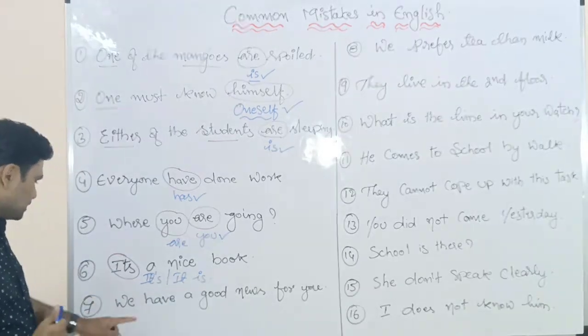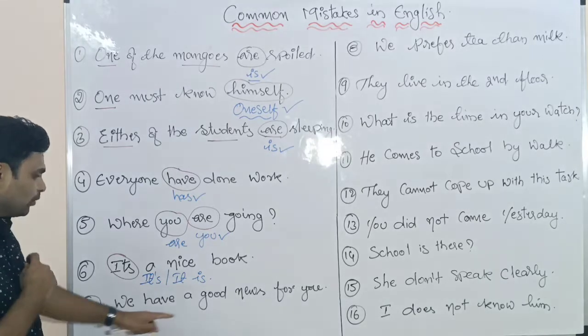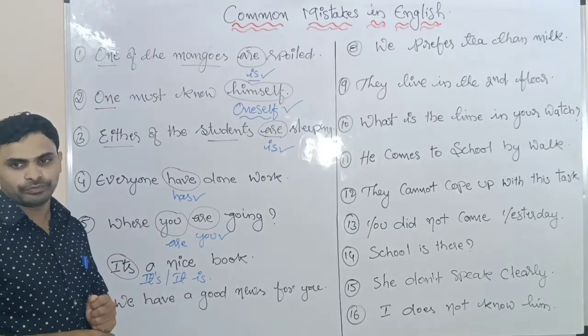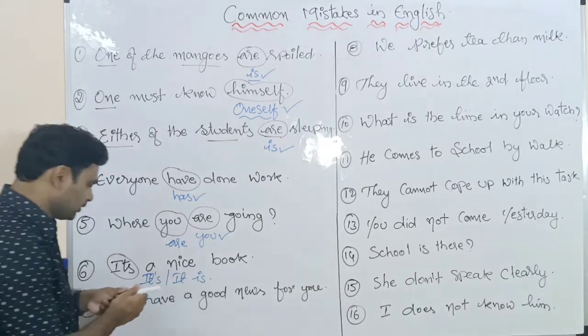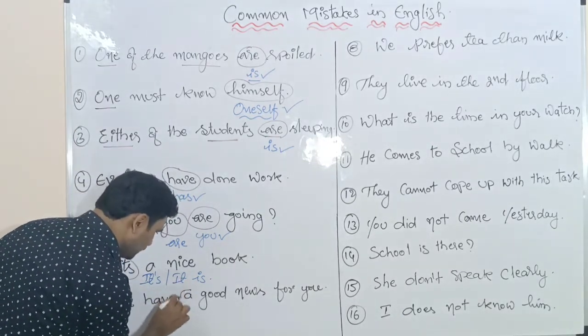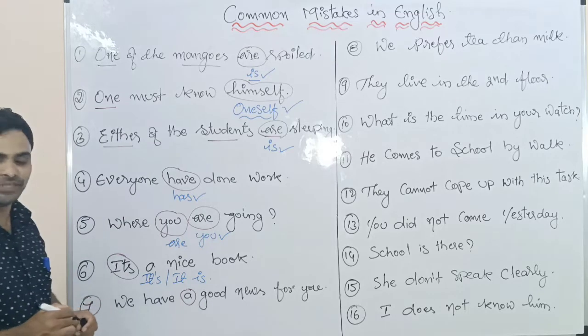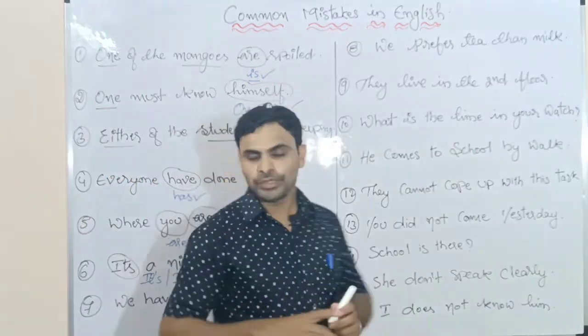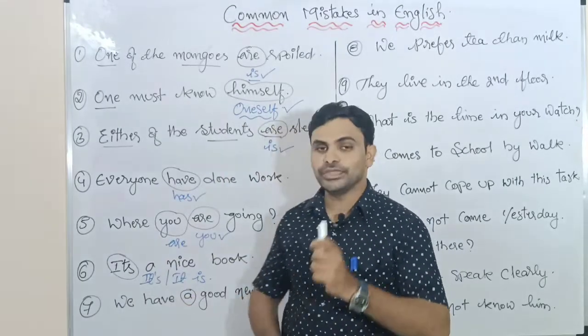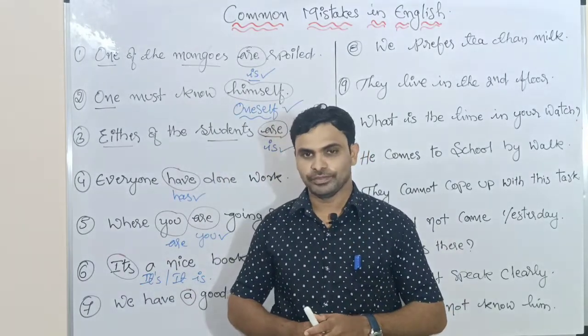Very good. Seventh one, "we have a good news for you." What is the error? Remember, the use of article A. Good news is something uncountable.